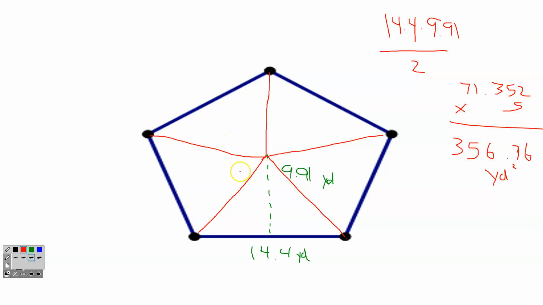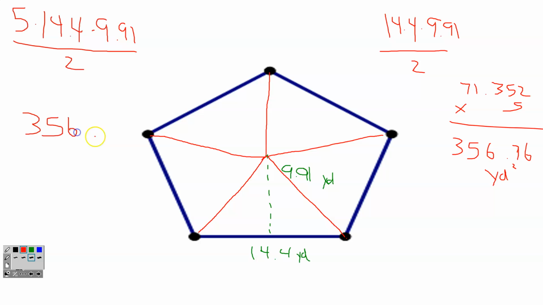The formula method is number of sides, which is 5, times the length of a side, which is 14.4, times the apothem, which is 9.91, and then divide that by 2. When I do all of that, I come up with an answer of 356.76 yards squared.